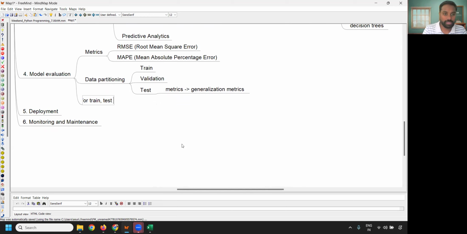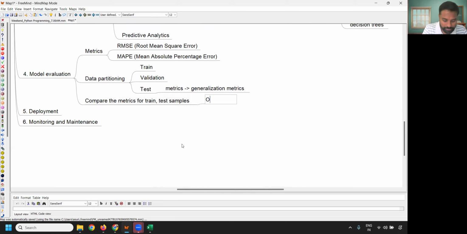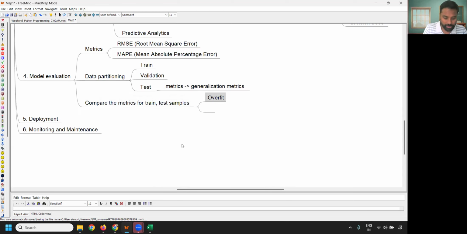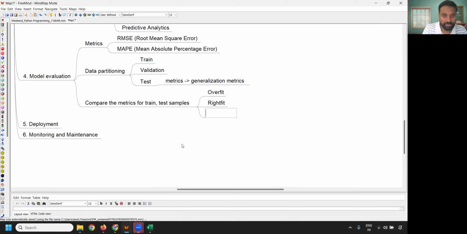We compare the metrics for train and test samples. Here we get an underfit case, then we have right fit, and then we have overfit. I'll write it like this: underfit here, right fit, and here we will say overfit.